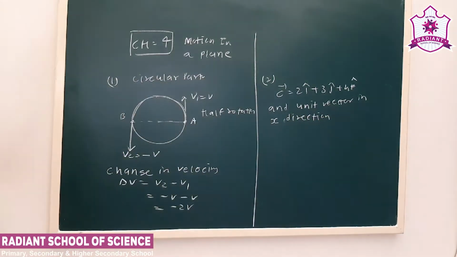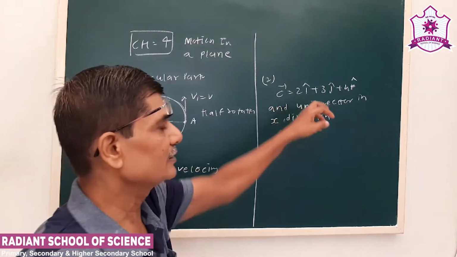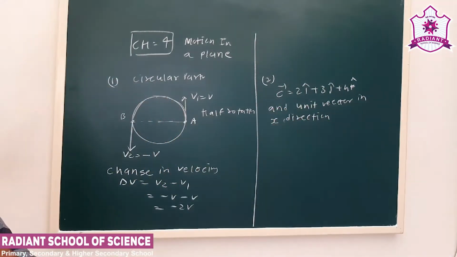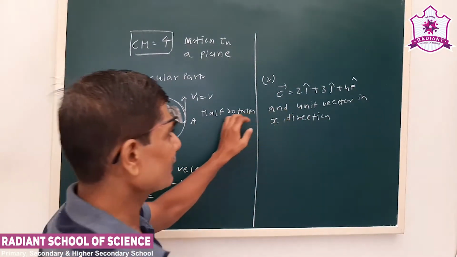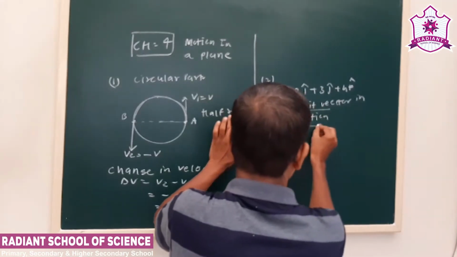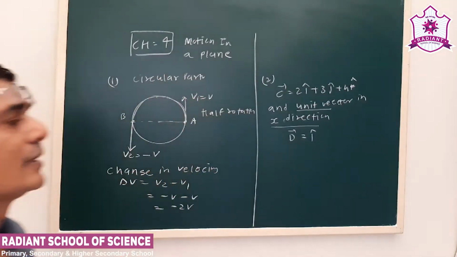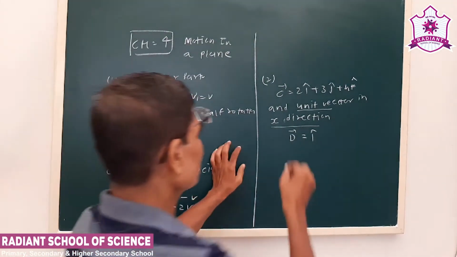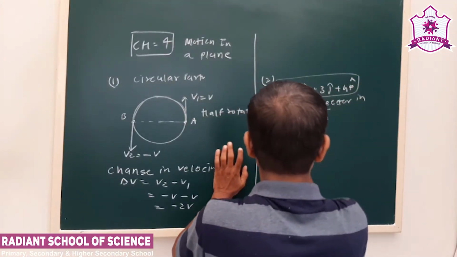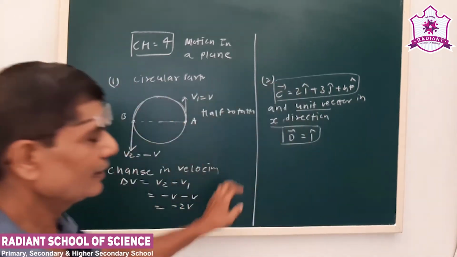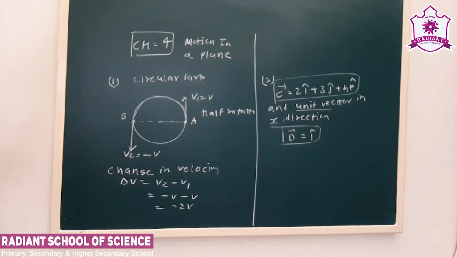Now let us say our C is 2i plus 3j plus 4k. The unit vector in the x direction is i caret. Let us denote D as i caret. Here we have two vectors, C and D, and we have to find the angle between them.